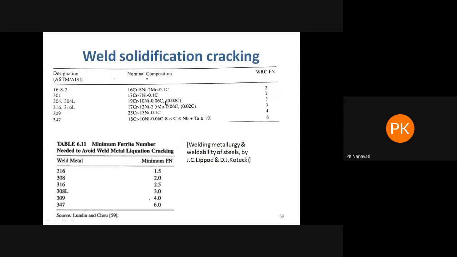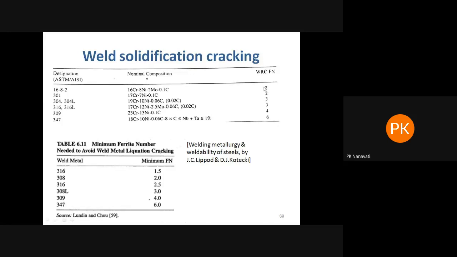Just for information, some compositions of the stainless steels, right? Most of the time 308, 304, 316, 316L, 309, 347. You see, they have a ferrite number most of the time 2 to 3. So there is resistance to solidification cracking.